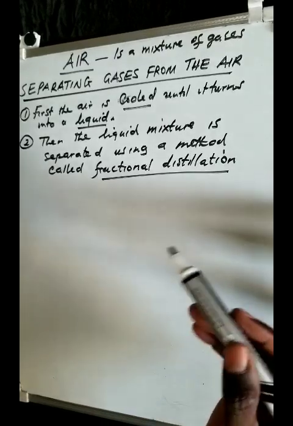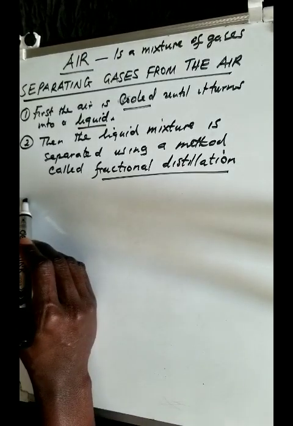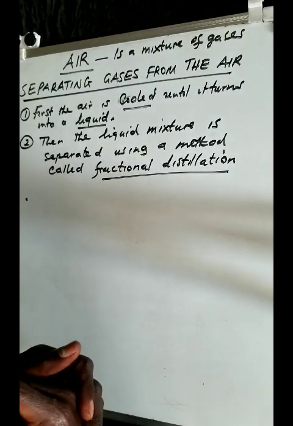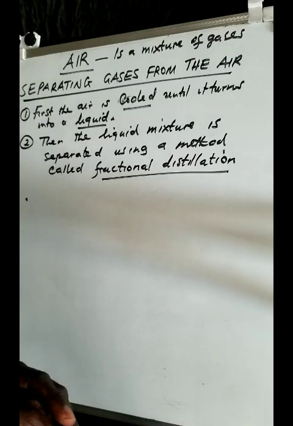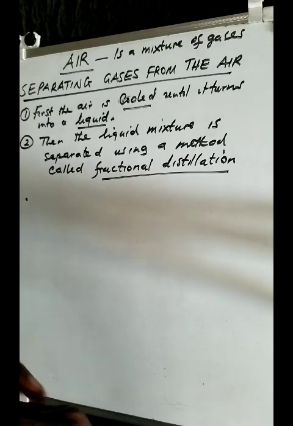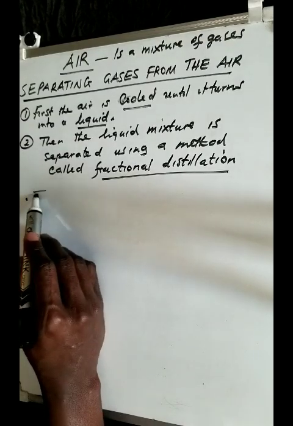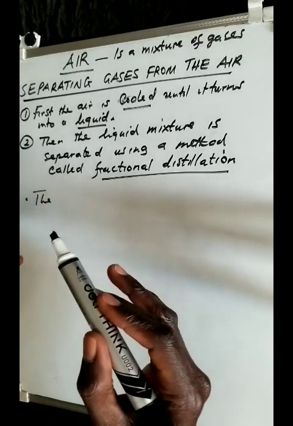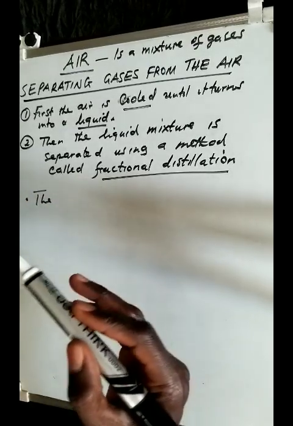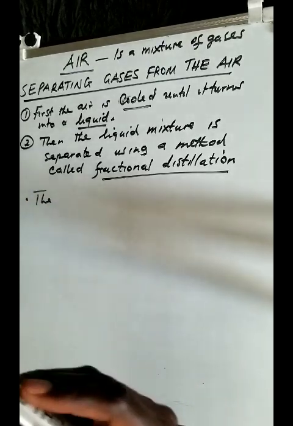Now, why use fractional distillation? What makes fractional distillation workable when it comes to separating gases from the air? Well, the method works because the various gases that are found in air have got different boiling points.